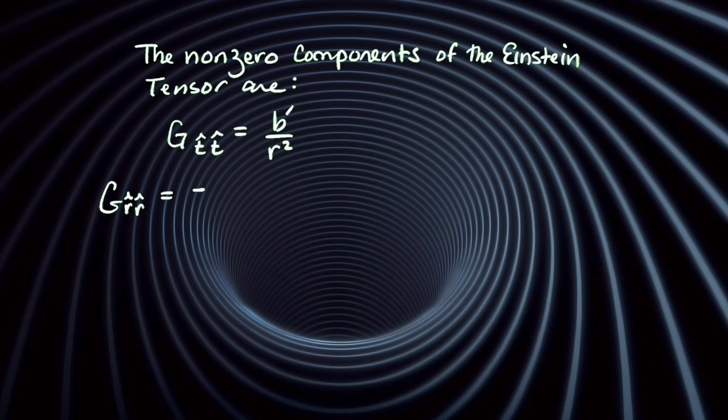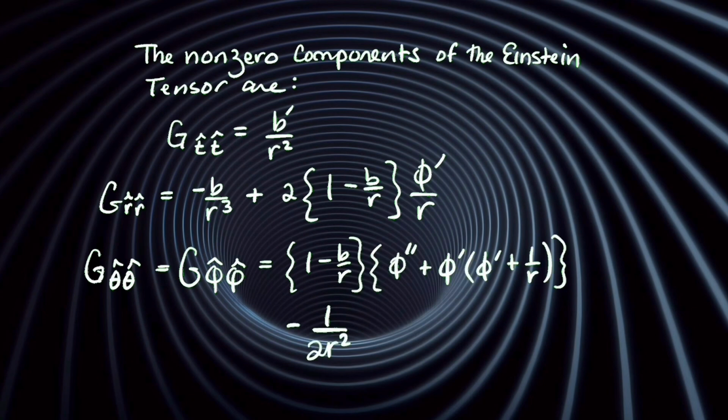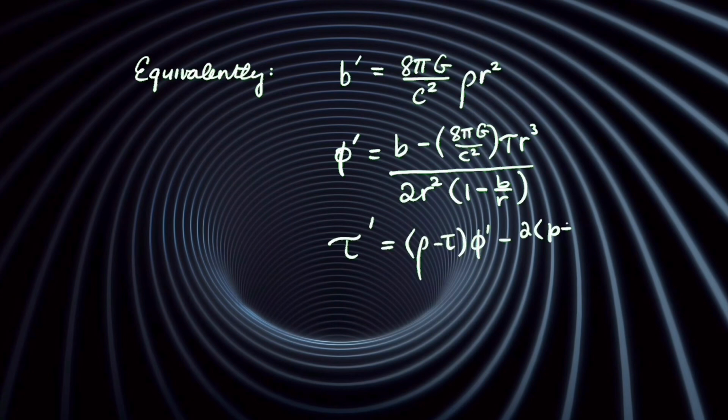So the non-zero Einstein tensor components are given here. Equivalently, as before, we can define derivatives of the functions b, phi, and tau as follows.